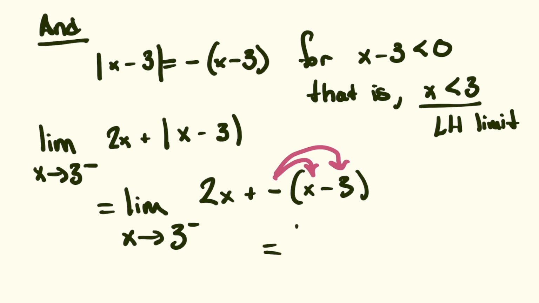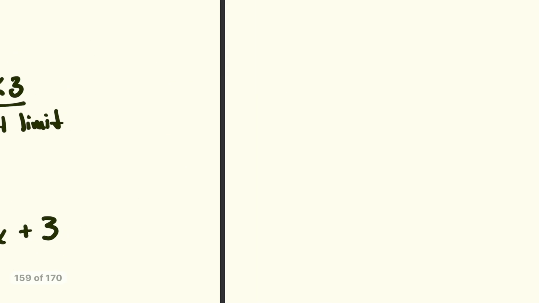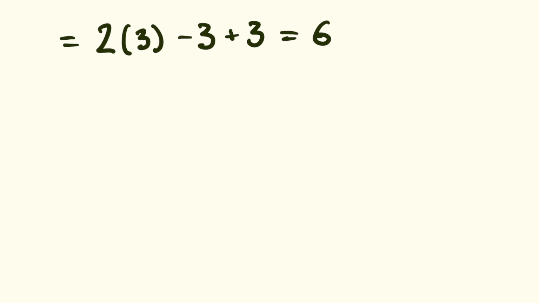So that is going to give us the limit as x goes to 3 from the left of 2x minus x plus 3. So in this case, when we plug our number in, we're going to get 2 times 3 minus 3 plus 3, which again is equal to 6. And this is our left-hand limit.